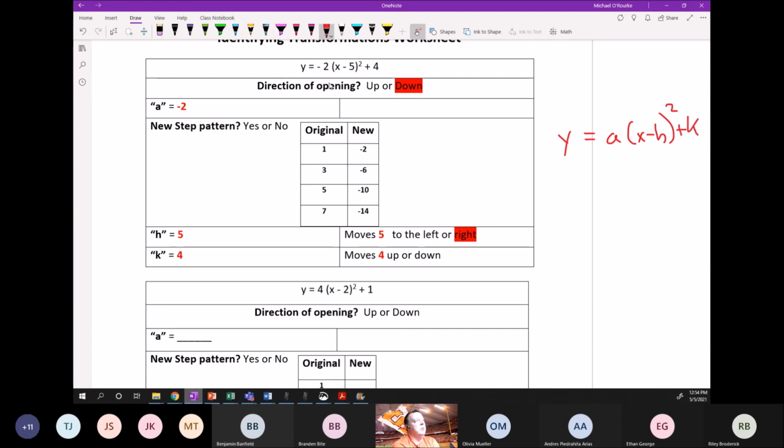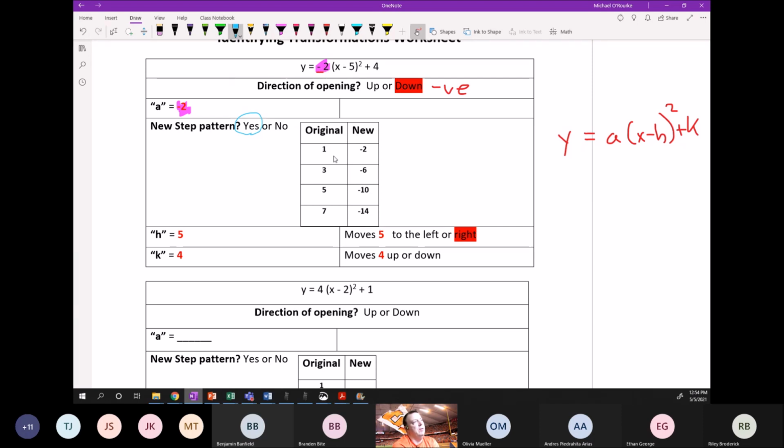Okay? So is the direction of this one going up or down? Well, I take a look here, and since it's negative in front here, I know it's going down. What's my a value? Well, my a value is -2. Does it have a new step pattern? Well, yep. Since I have a number in front, then I do have a new step pattern.